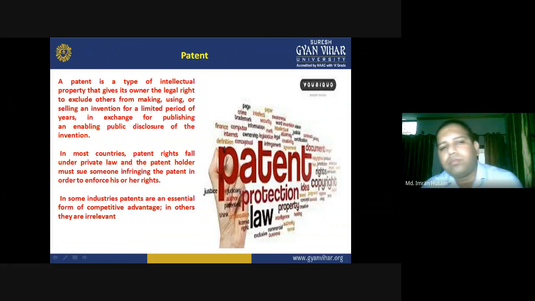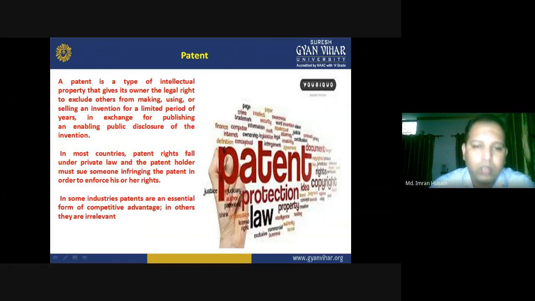So, if anyone is using your things without any information or without giving you the privileges and rights, and infringing the patent, then you can sue them under the law.